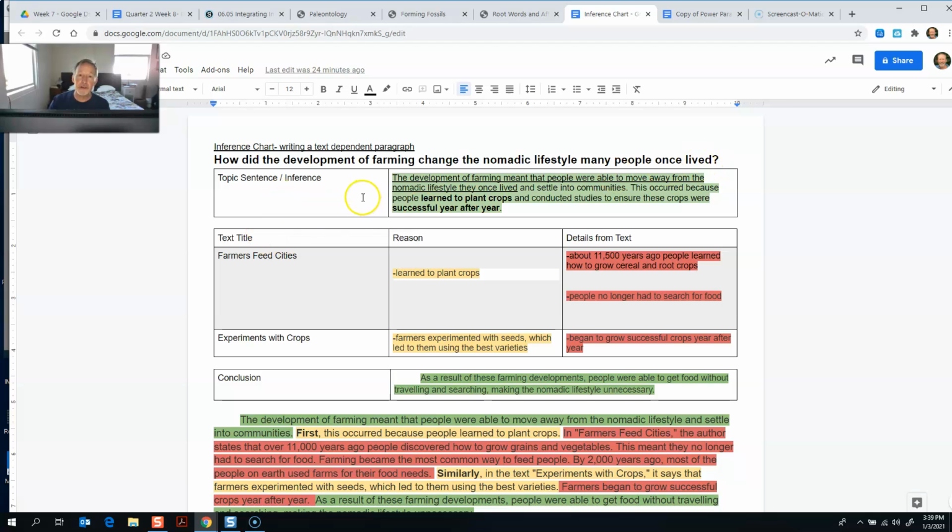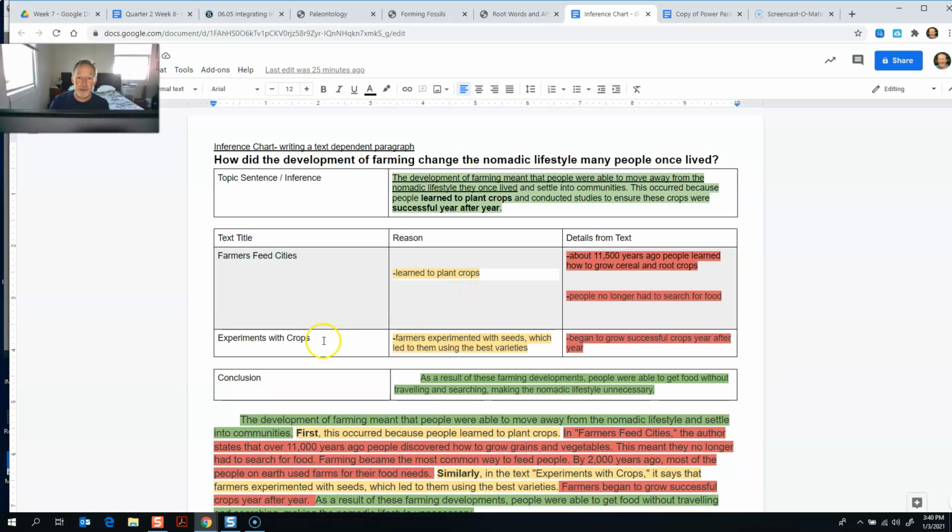So what I'm going to do is go through the text and find ways that their lifestyle changed. I'm going to find the overall main reason right here: farmers feed cities. And what I discovered is that they learned to plant crops. That's the big thing that came across in that text.